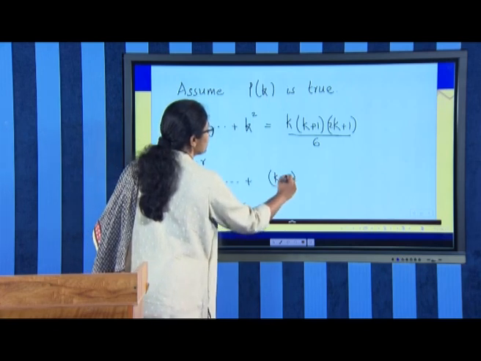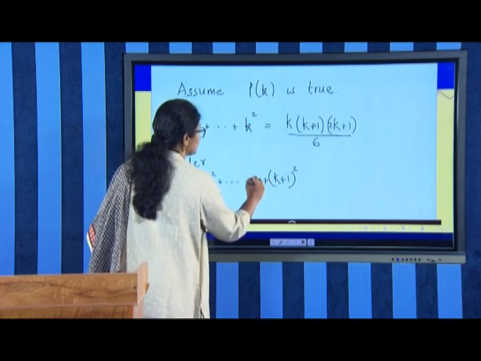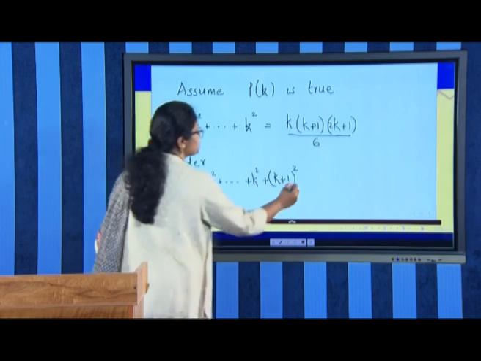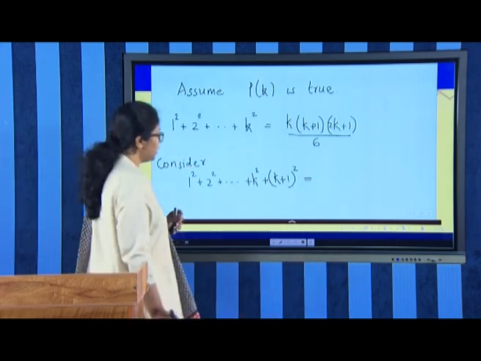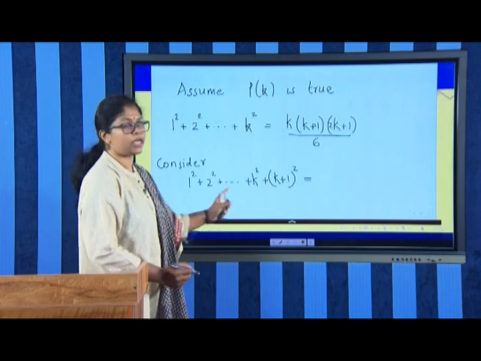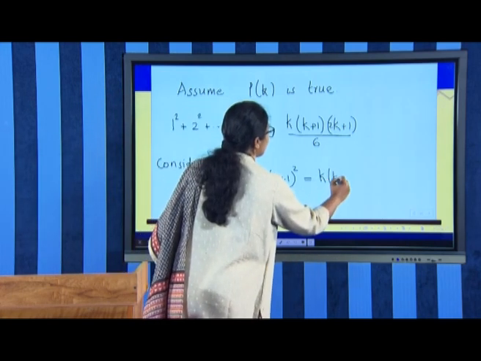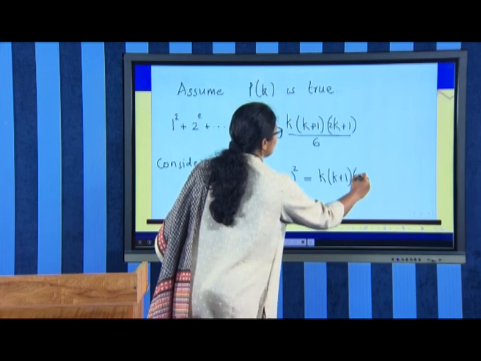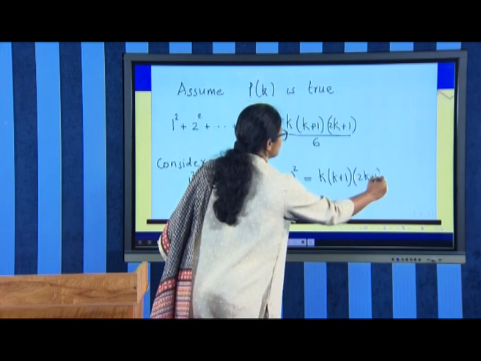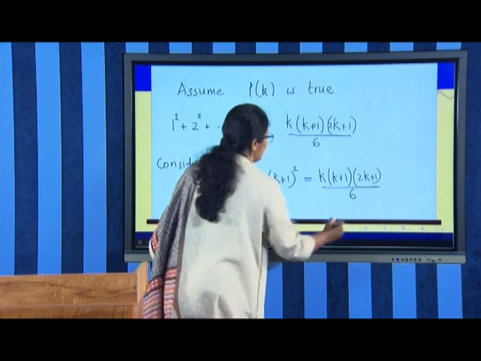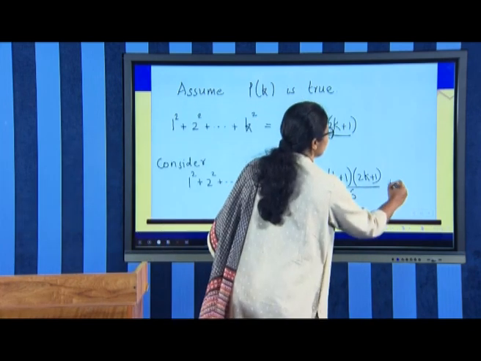So, before k plus 1 the whole square you have k square. So, as we have done in the previous example, we will replace this summation by the right hand side k into k plus 1 into 2k plus 1 upon 6 plus k plus 1 the whole square.